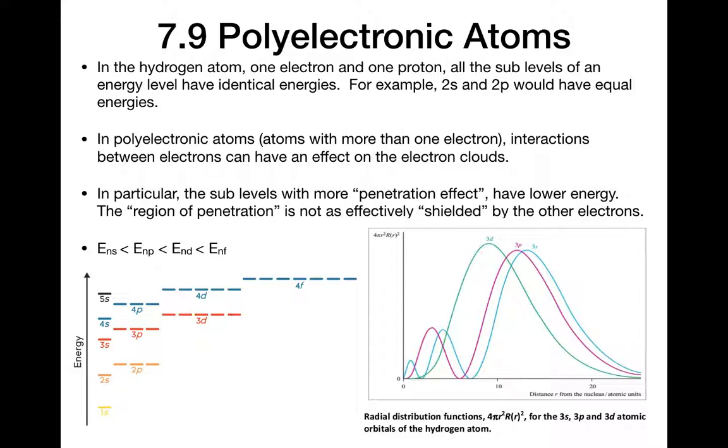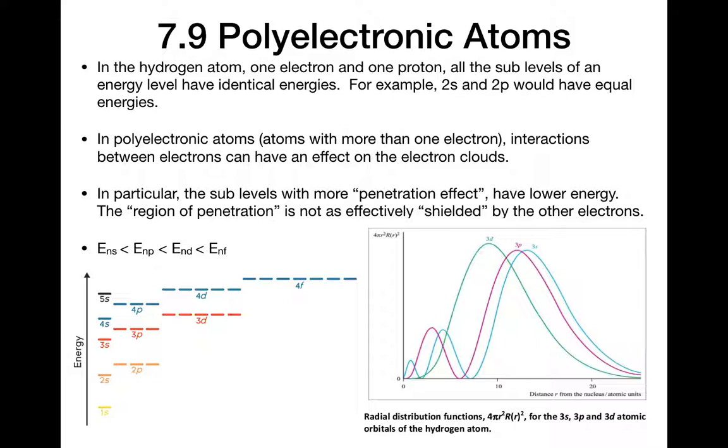But when you have polyelectronic atoms, or atoms that have more than 1 electron, you add in the interactions between the electrons, in other words, the repulsion between electrons within the electron clouds, and that has the effect of splitting the energies within the energy levels into different energies for the different sublevels.